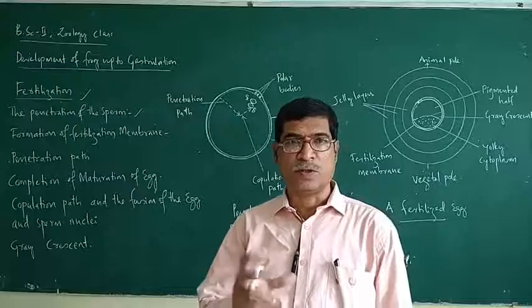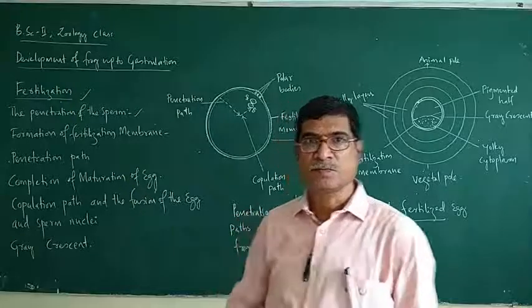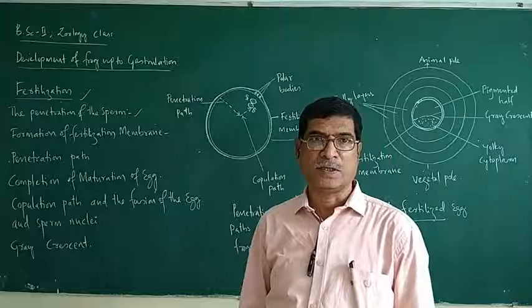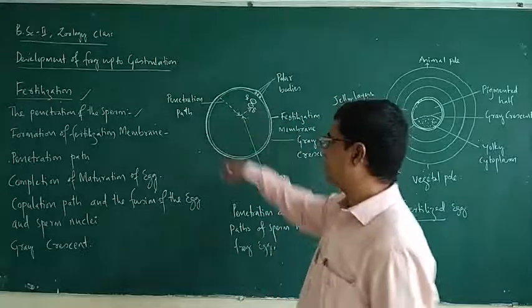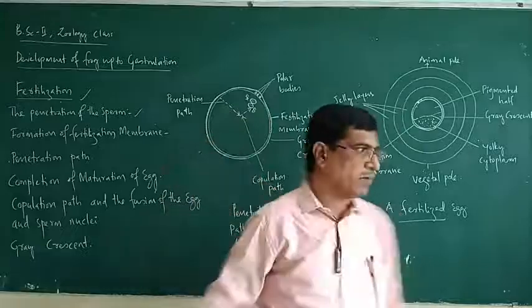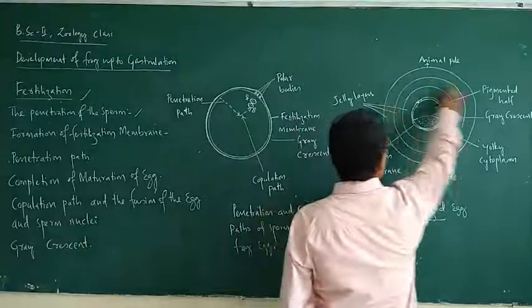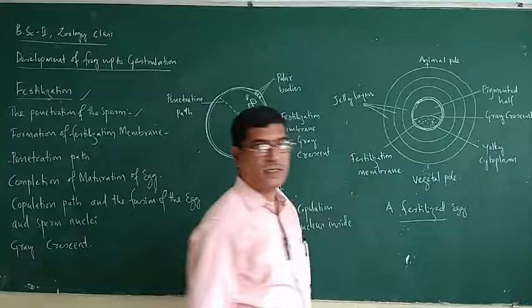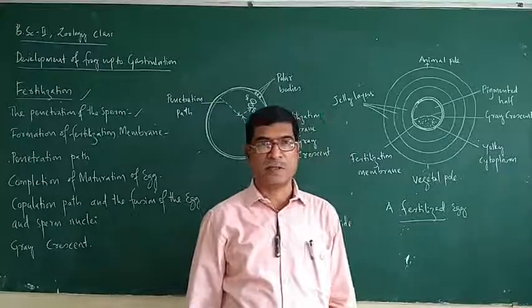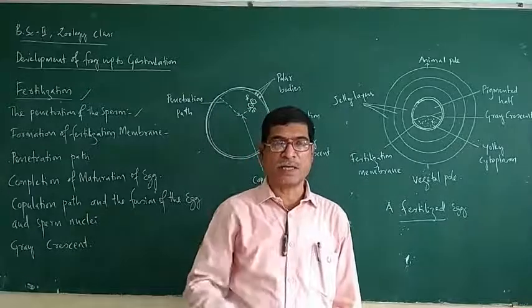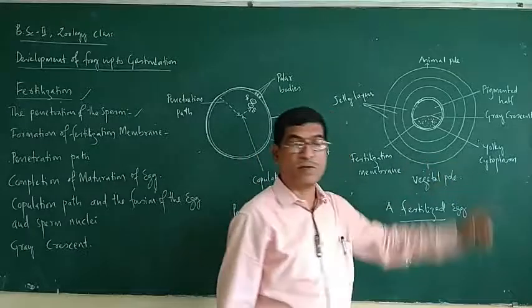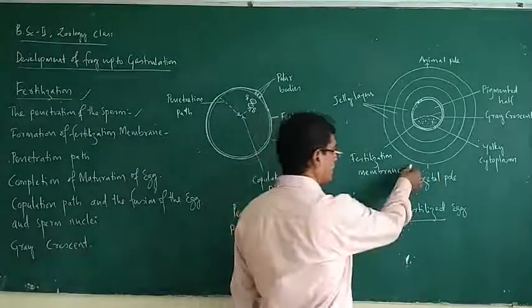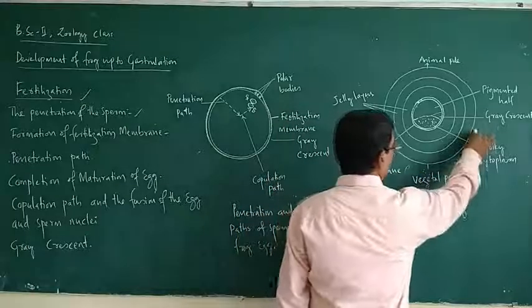So several sperms attack the eggs. The eggs are externally covered by jelly coverings, jelly membranes. The jelly membranes are pierced by several sperms.